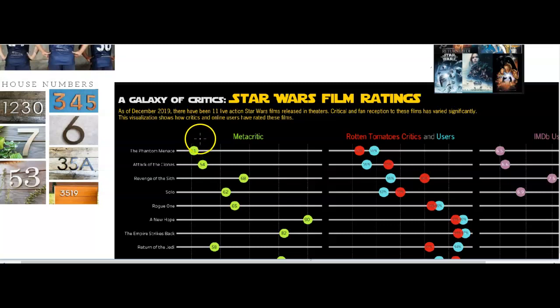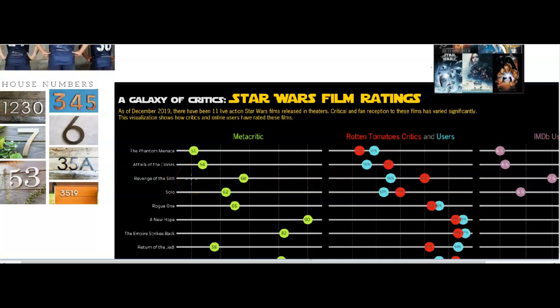For example, we have some Star Wars movies, and The Phantom Menace, is it? By the way, I'm not a Star Wars movie fan, so I don't know the names. So it gave 51. The Attack of the whatever is given 54. Revenge of the Sith, I think, given 68.